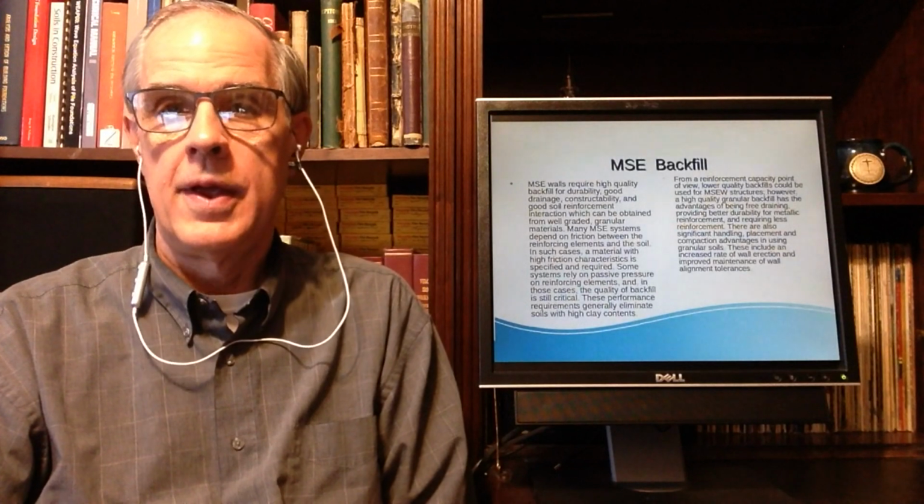MSE backfill must be uniform. It must be free draining. And the uniformity of the backfill simplifies the design a little bit, because you don't have the issue of layering.